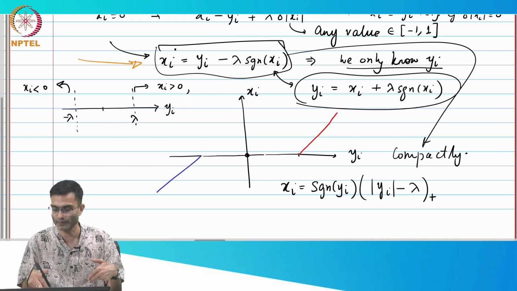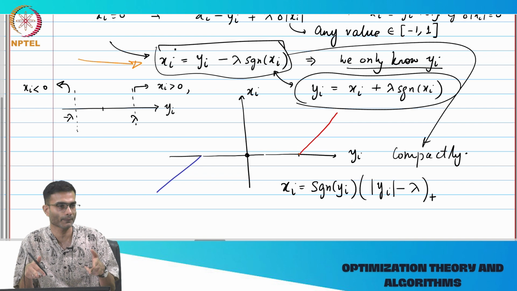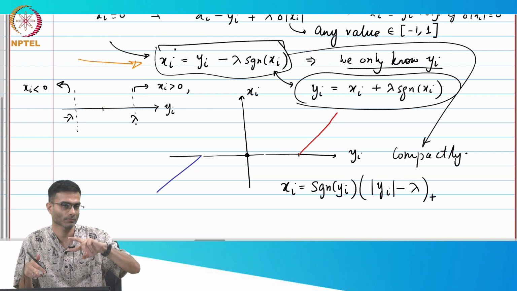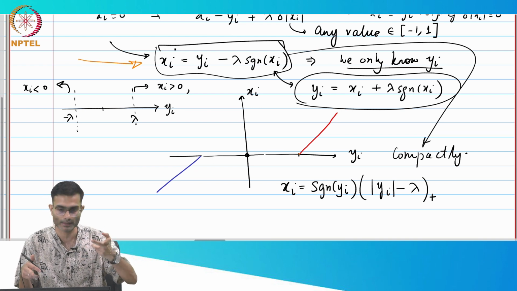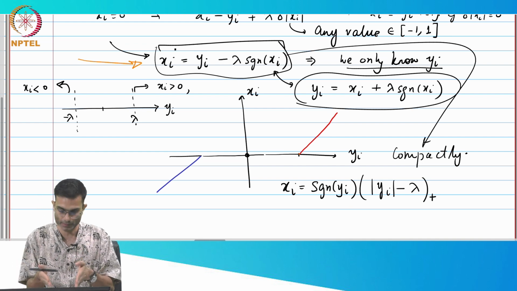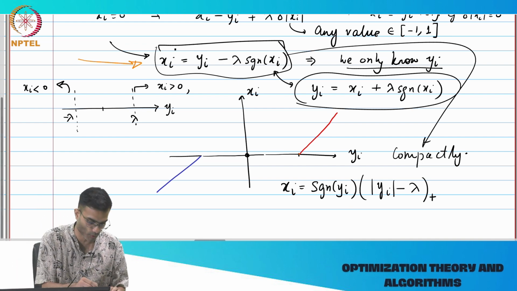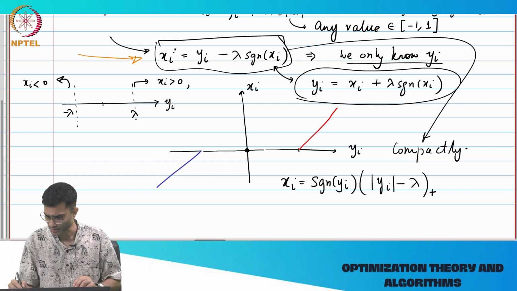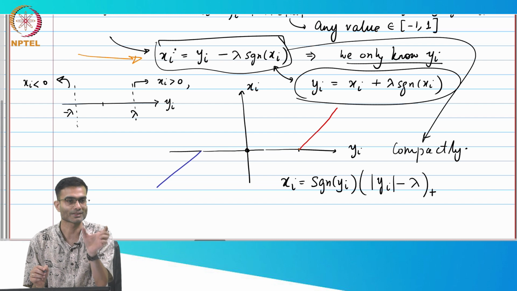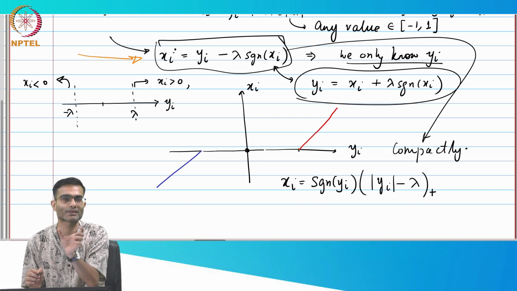So in this expression, it is sign of yi, which will be plus or minus depending on whether yi is greater than lambda or less than minus lambda. And mod yi minus lambda shows the chopping that is happening. Graphically, I can see there is a chopping happening here. But notice I have defined this plus over here. This is to take care of the issue when yi is between minus lambda and lambda.